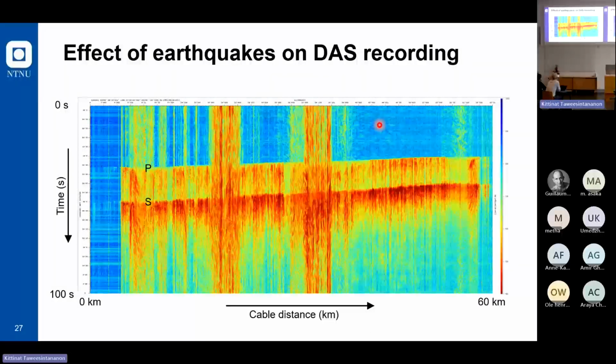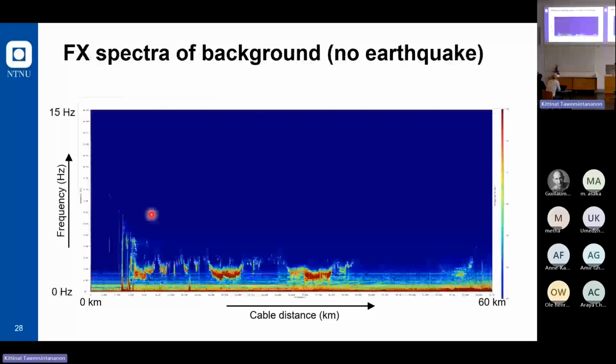Another example is about shear wave resonance. People already know that earthquakes have an effect on DAS recording, so we can measure the earthquake signal, P or S wave.